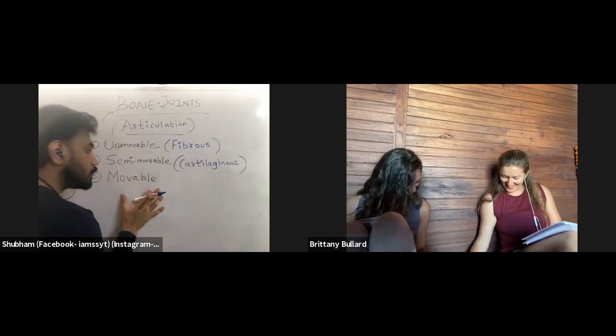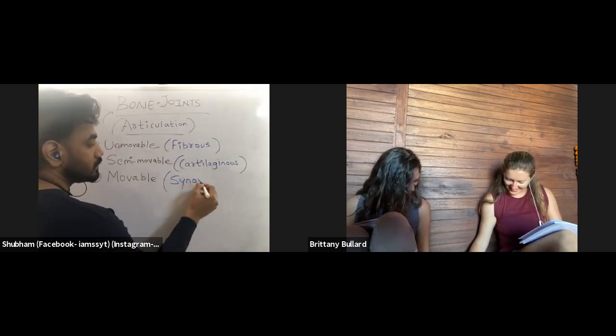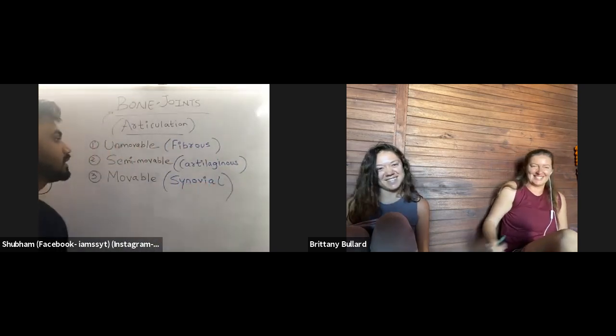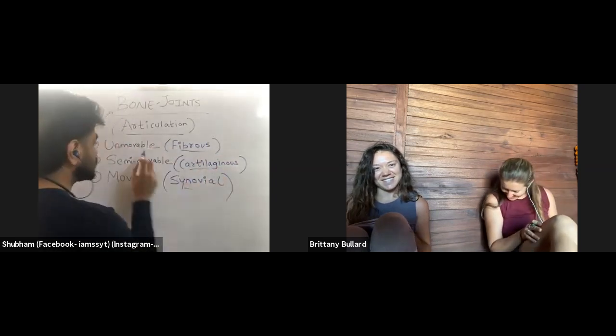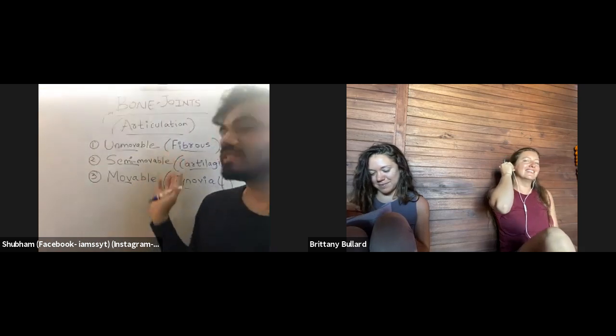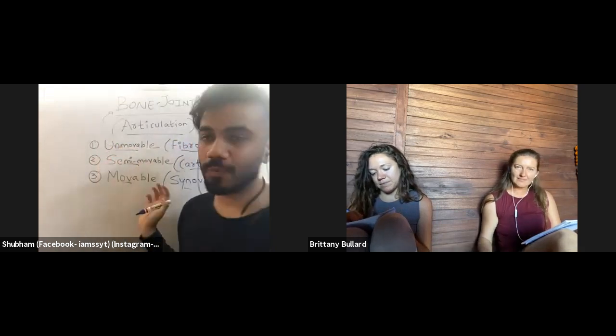And movable bone joints are synovial bone joints. It doesn't matter if you remember this or that. I want you to clear the concept: fibrous, cartilaginous, or synovial, or we can say unmovable, semi-movable, or movable.